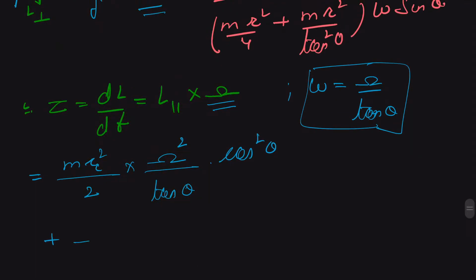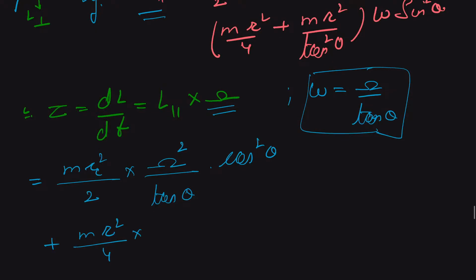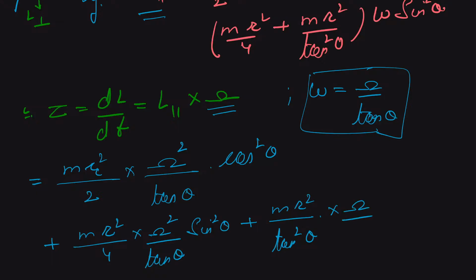So we get this as our m r square upon 4, and here we have omega upon tangent of theta, multiplied by sine square theta, and this is our omega square, plus, and the second part, we are left with m r square upon tan square theta, and this comes as omega upon tangent of theta, and we have sine square theta, and this comes as omega square.